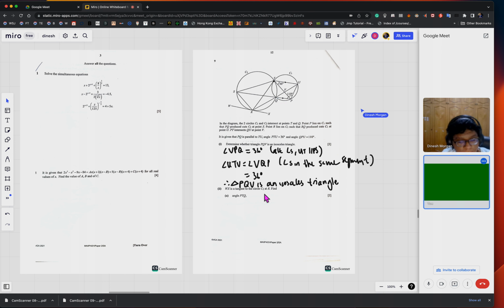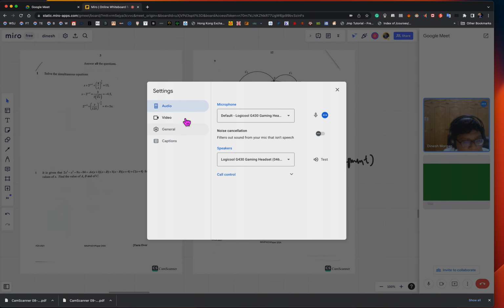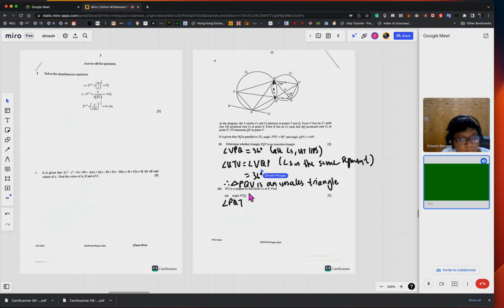So alternate. Okay. This question looks not so much about the properties of circle, but more like the other than properties of circle. Oh, right. Same segment. Oh, you need to use that? Oh, okay.